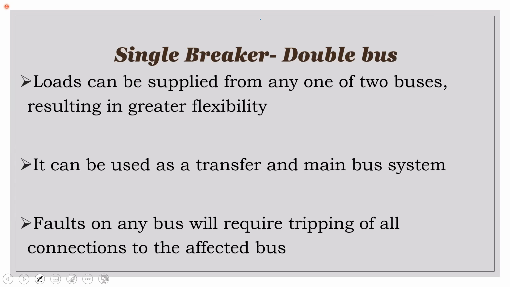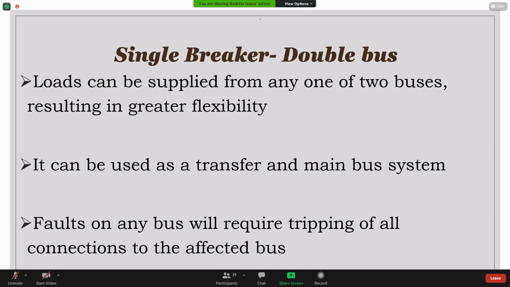What this is saying to us is that we can have supplies through my single breaker, of course, being supplied from one of 2 buses. Yes? So one of 2 buses.